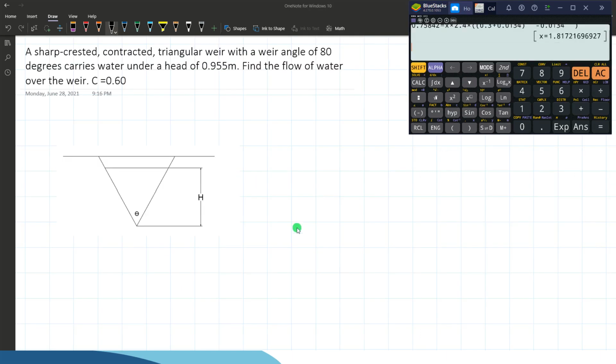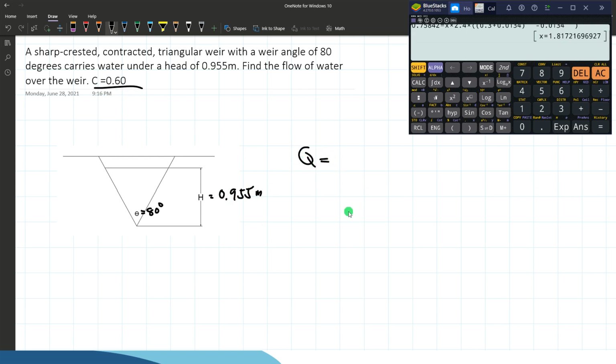Okay, next problem. A sharp-crested contracted triangular weir with a weir angle of 80 degrees carries water under a head of 0.955 meters. Find the flow of water over the weir. Let the coefficient of discharge be 0.6.